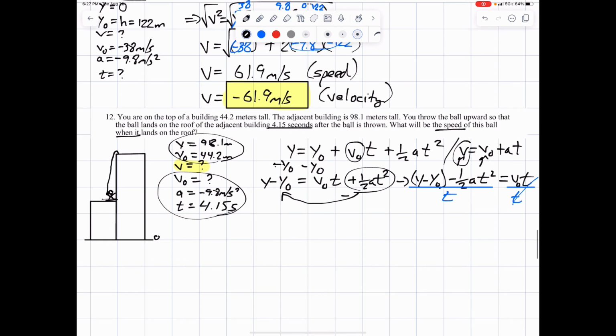So let's try that. v naught is going to be the difference in the height, which is 98.1 minus 44.2, and then minus 1/2 a, which is negative 9.8, times t squared, 4.15 squared, all over t, which is 4.15. Let's try this and see where it gets us.